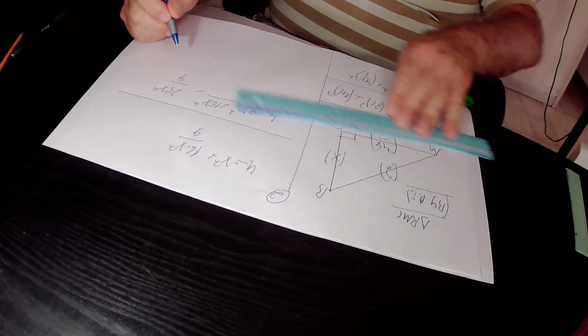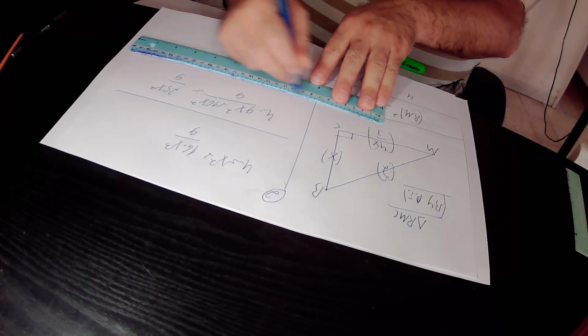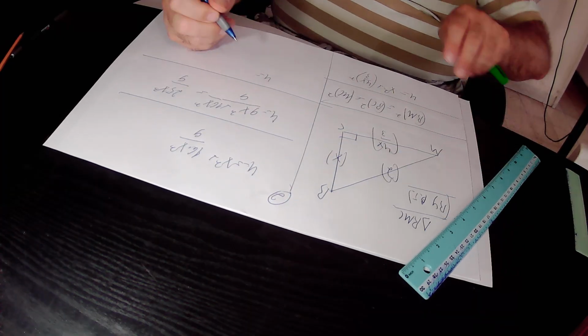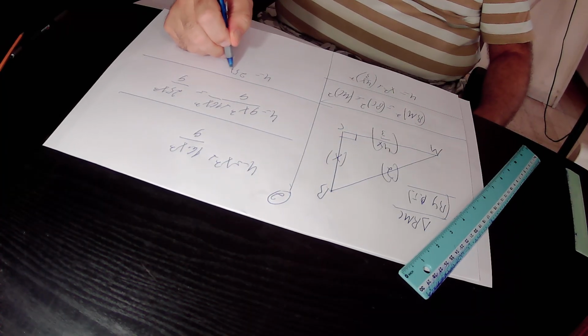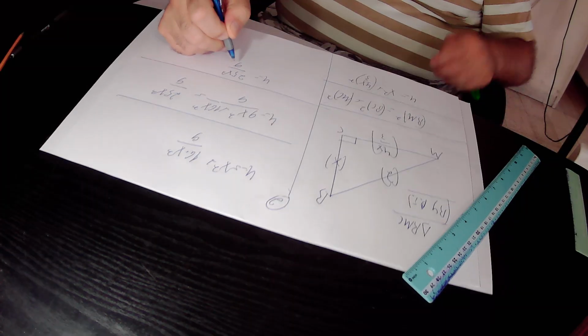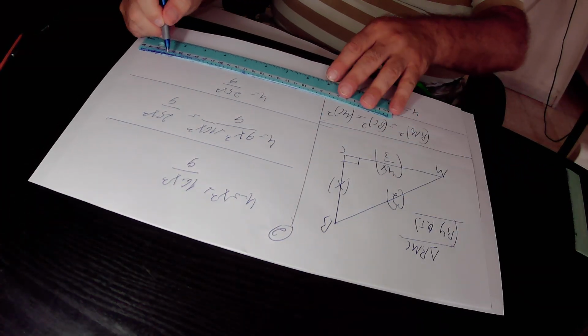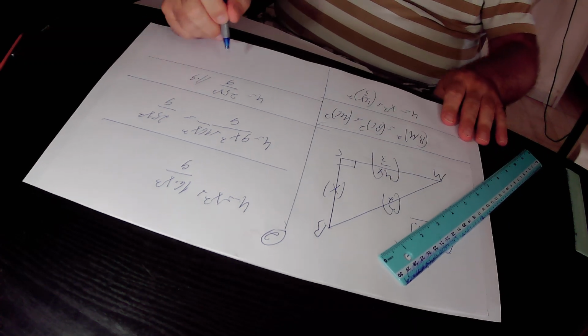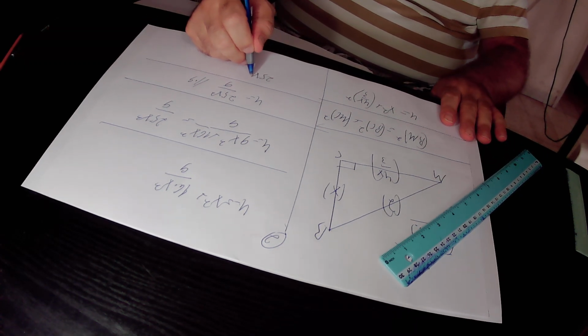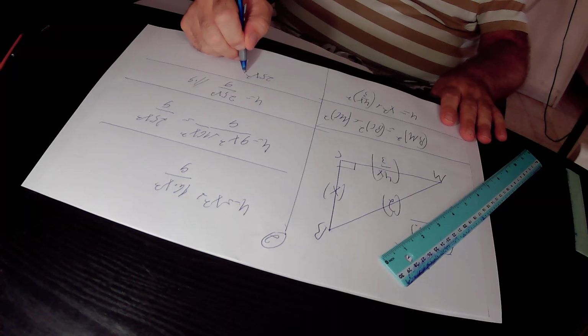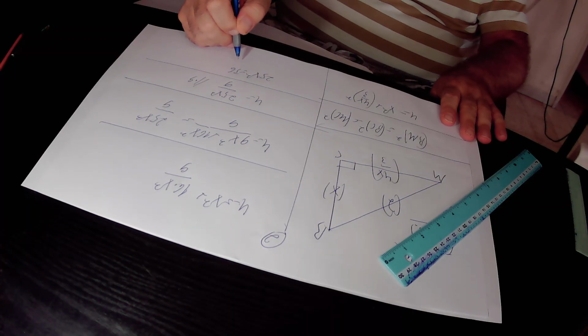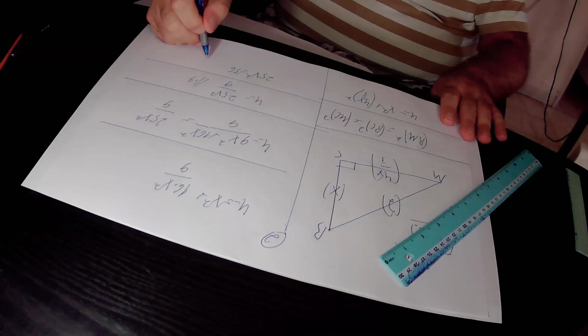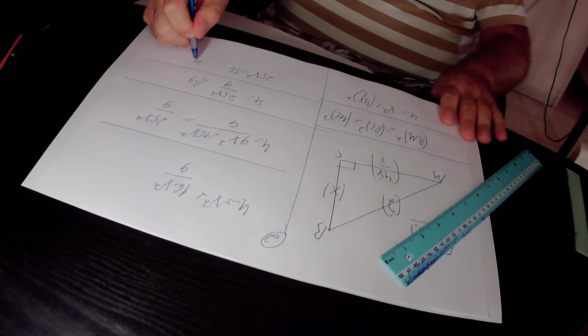So 4 equals 25x squared over 9. Here we multiply this equation by 9, and we get that 25x squared equals 9 times 4, which is 36. So 25x squared equals 36. Here we will divide this equation by 25.